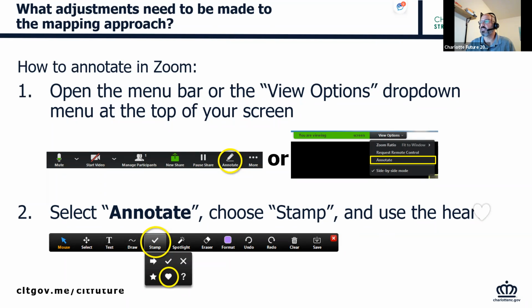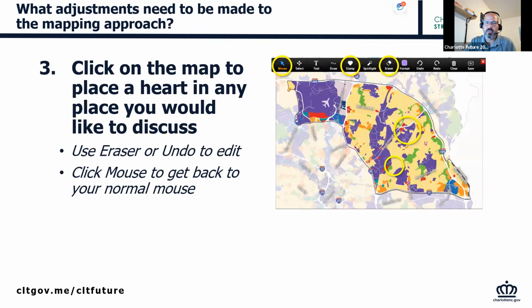Under annotate, choose stamp and use the heart. Then I'll pull up the map. In the map, you can click on the areas where you have a comment or a question, and we can talk about it, and we'll be recording that.